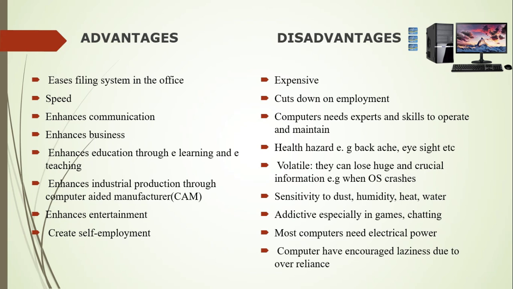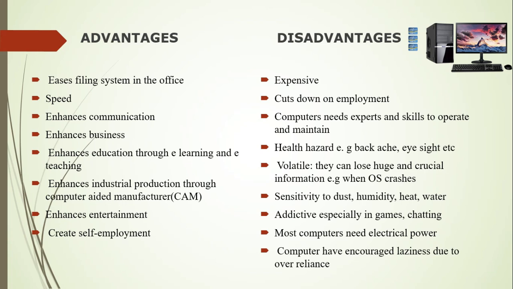That is the work of a computer. So it enhances industrial production. Then it enhances entertainment. You can get songs from YouTube, you can record yourself dancing and the like.